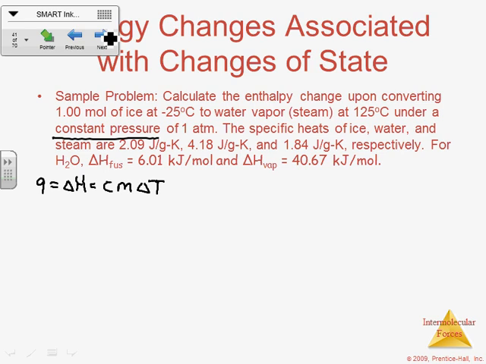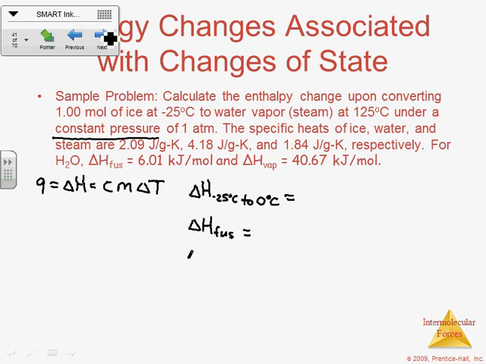Now what we essentially have to do is find the delta H of the temperature change from negative 25 degrees Celsius to 0 degrees Celsius, because it takes some energy to do that. Then, once we're at 0 degrees Celsius, we need to find the delta H of fusion, which they actually already give us. That's the amount of energy it takes, when the water is at 0 degrees, to go from a solid into a liquid, to melt it.